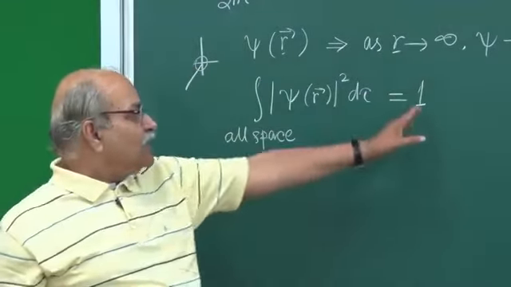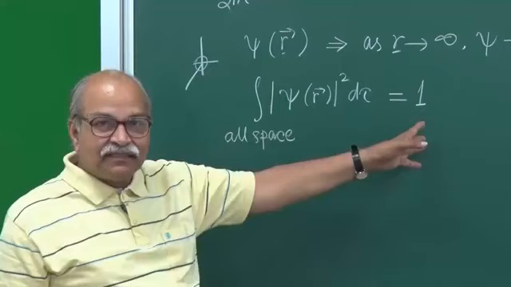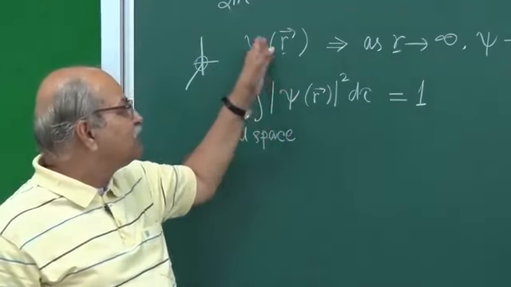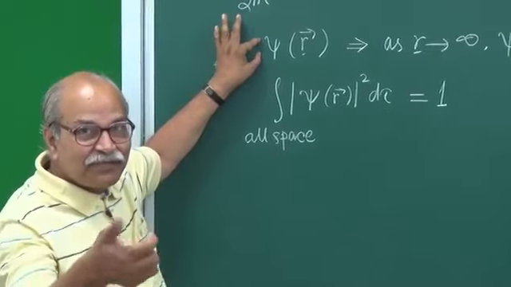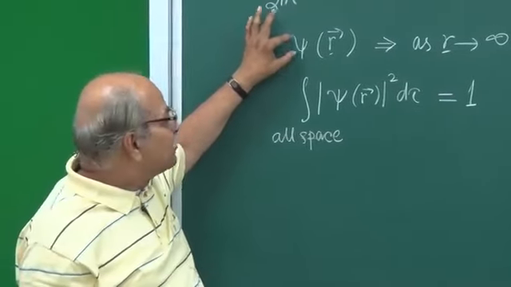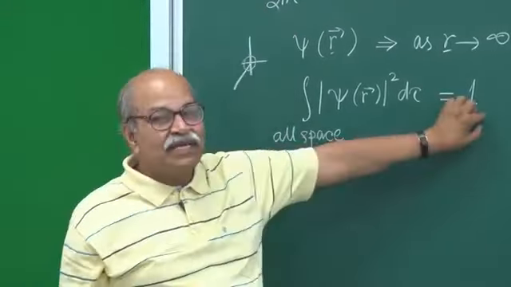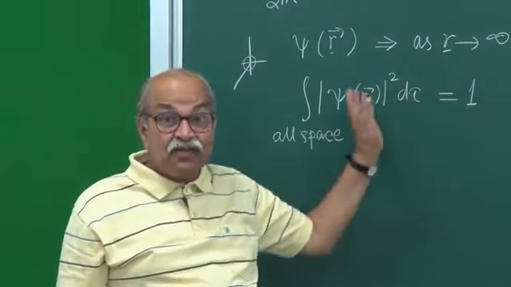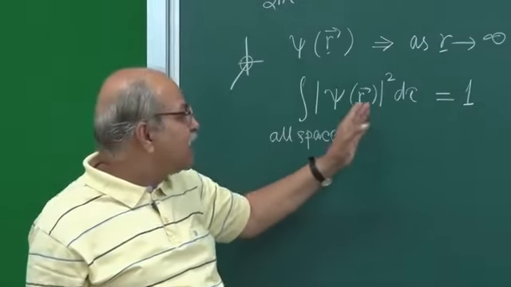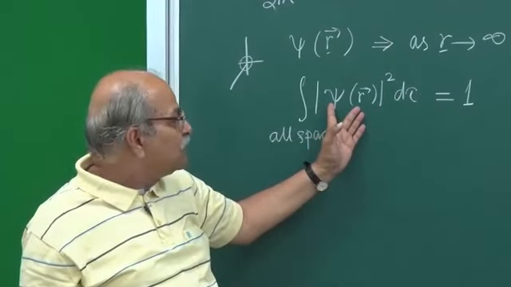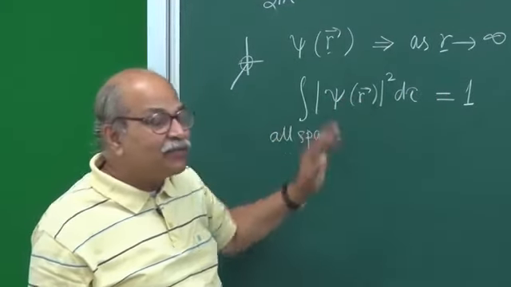If it is not 1 but some finite quantity, I will just multiply my wave function by some constant. That doesn't change the functional form, so I can always make it 1. But if this goes to infinity, then I cannot do that. So we say that this wave function should be square integrable.